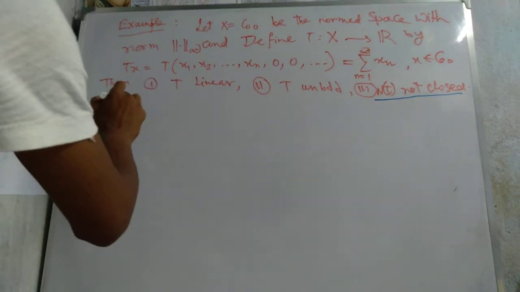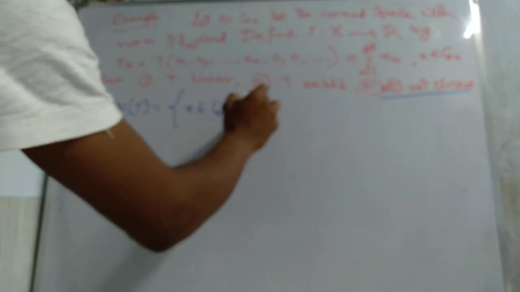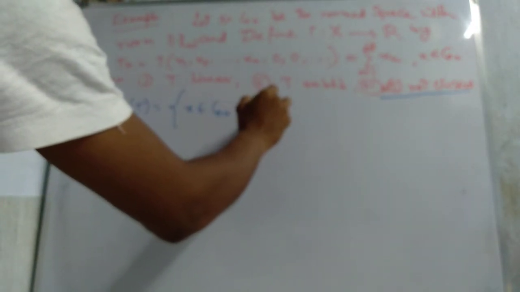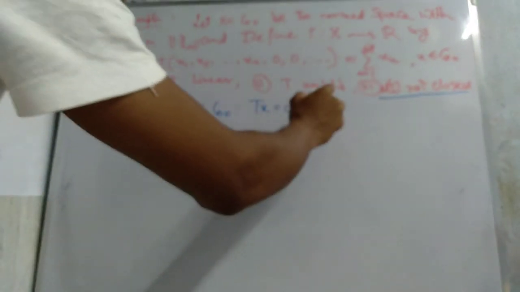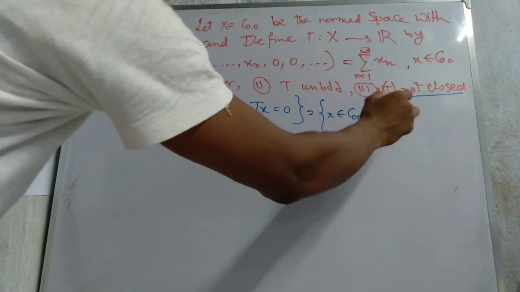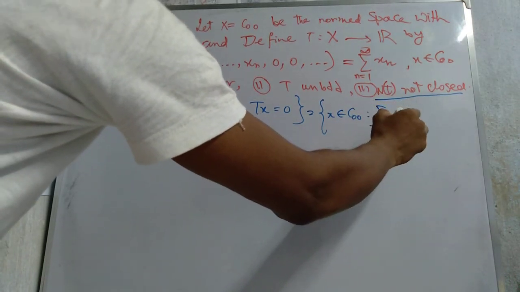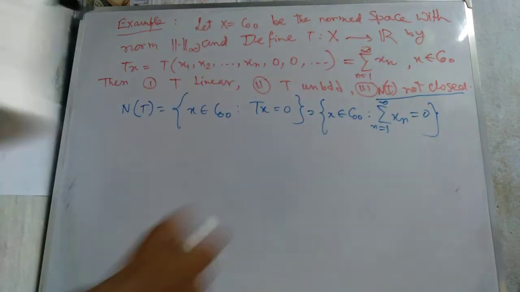Now N(T) equal to {x belongs to c00 such that Tx equal to 0}. This implies x belongs to c00 such that the summation of xn, n equal to 1 to infinity, equal to 0.